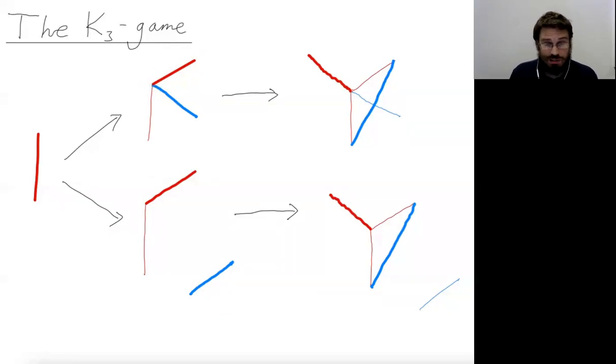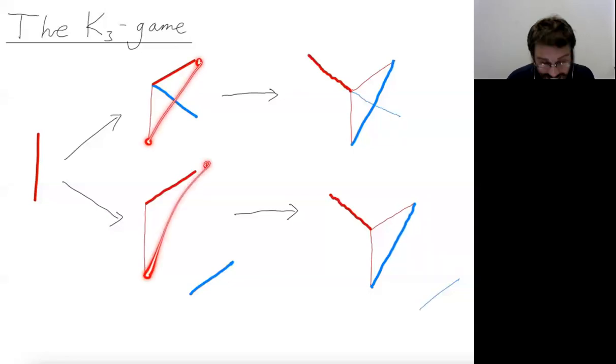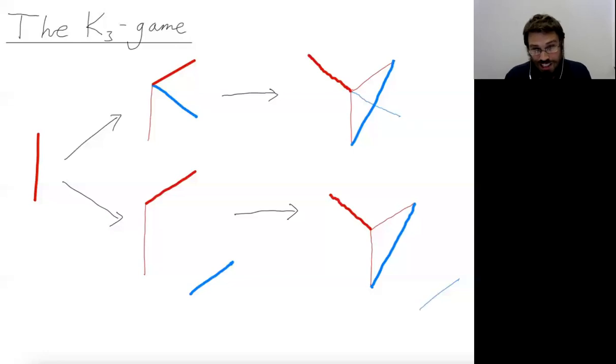Right, and now, okay, there are various different things that the second player can do now, but most of them are silly, right? Because the first player is now threatening to make a triangle, either here or here. And so if the second player wants to prevent that, then the only move they can really make is to block the first player from making that triangle. And after they've done that, the first player then just plays yet another edge incident to that same vertex.